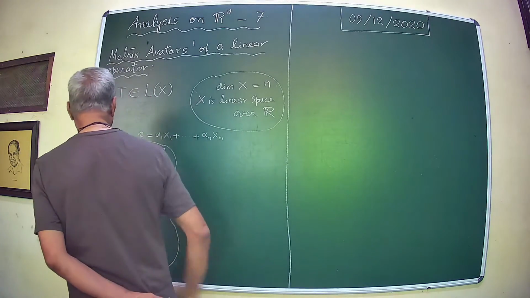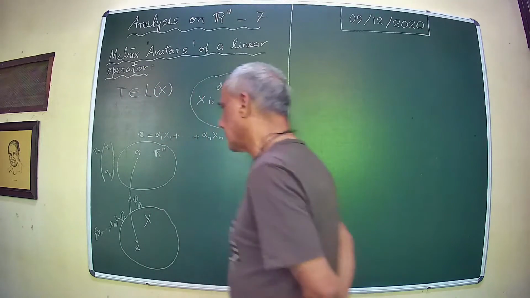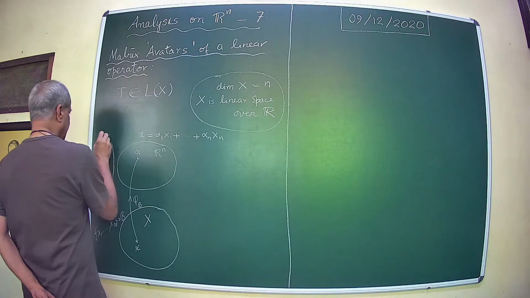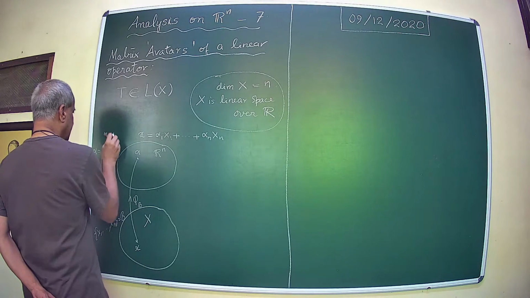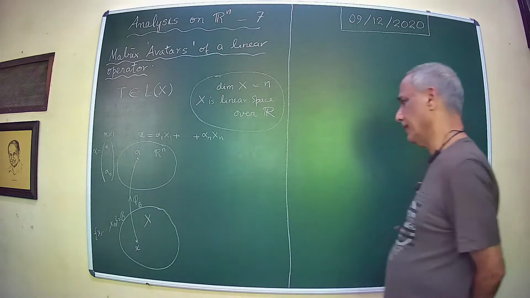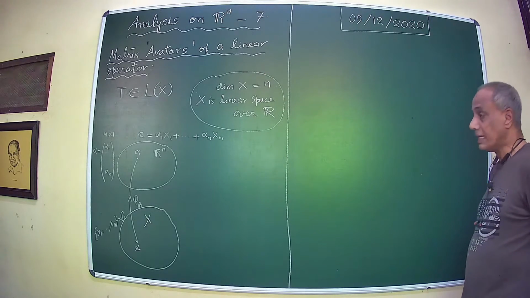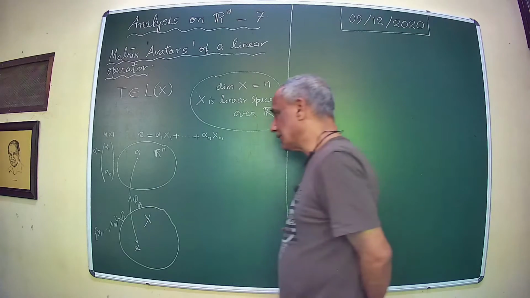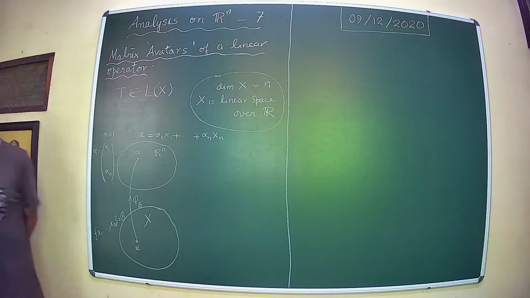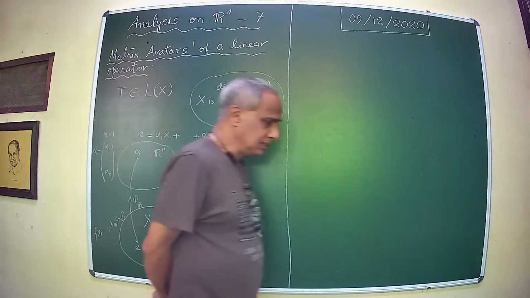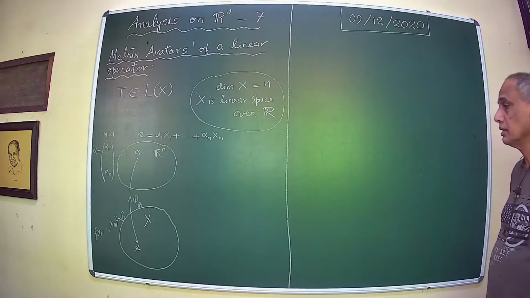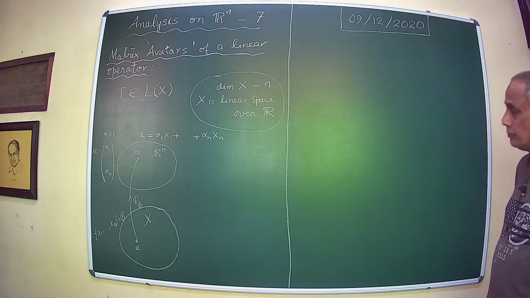So alpha is a column vector. Okay, so this is n rows and 1 column. So it is an n into 1 matrix that I have. Now what I said was that this representation essentially depends on the choice of the ordered basis.